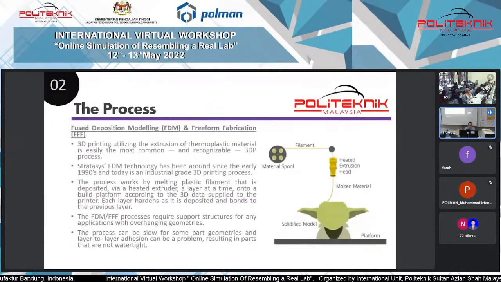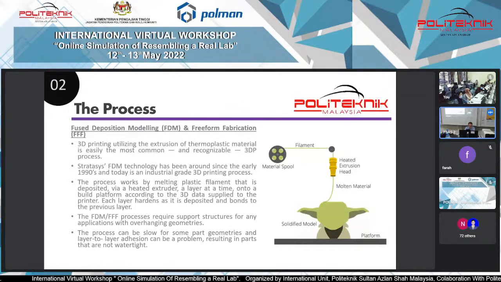And then we have fused deposition modeling, or free-form fabrication process. FDM is the term most likely to be used in either educational institutions or industry. This 3D printing process utilizes the extrusion of thermoplastic material. It is easily the most commonly recognizable 3D printing process.